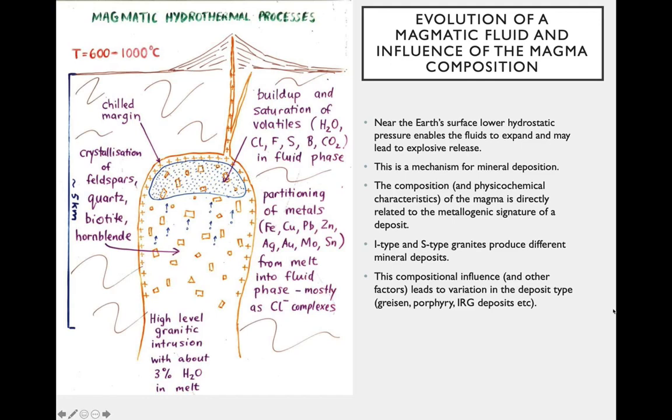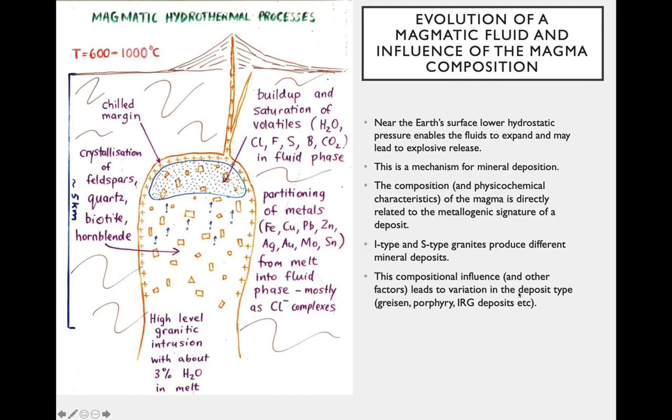So we know the broad types of granites, I and S. I is predominantly from igneous types, or is metaluminous. S type is from sedimentary rock types, so it's really potassic or peraluminous. They can actually produce different mineral deposits, and we'll go through that in a second.